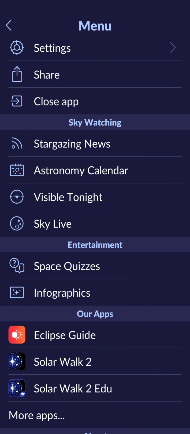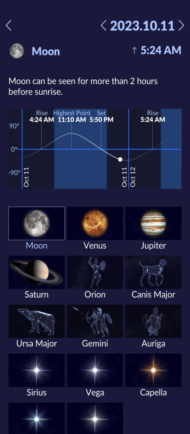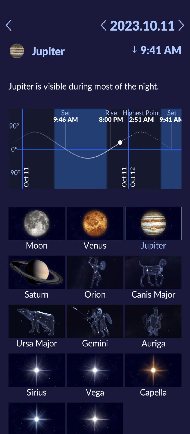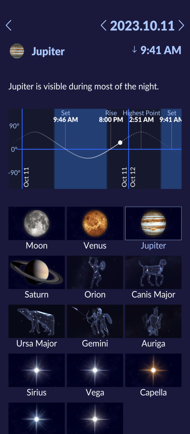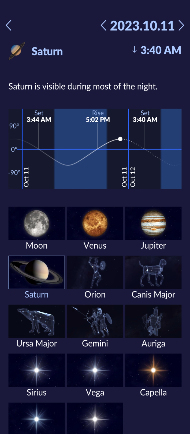There is also this option, visible tonight, which tells you which celestial bodies you can see tonight. So for Saturn, for example, it shows you at which time it sets and at which time it rises.